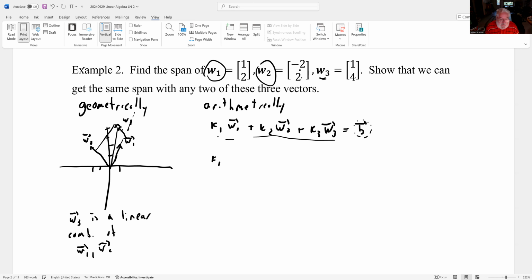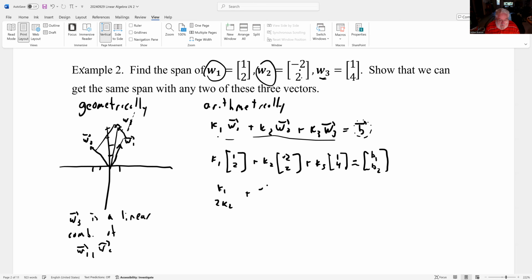And so we can expand this out. W1 is 1, 2. W2 is minus 2, 2. K3, W3 is 1, 4. And B is just some vector. We want to know what conditions have to be on B1 and B2 so that a vector is a linear combination of these. Now we can pull these together. We multiply in the K's, and we put little braces around everything.